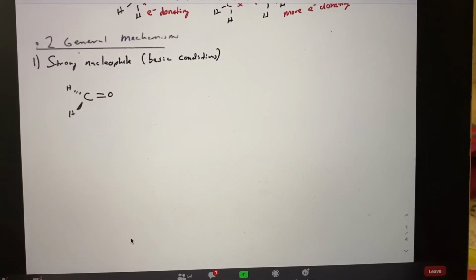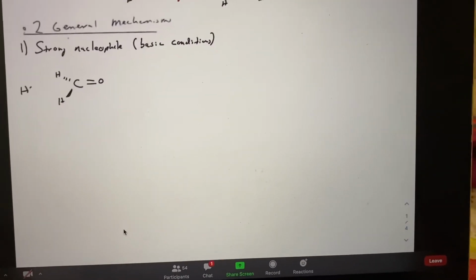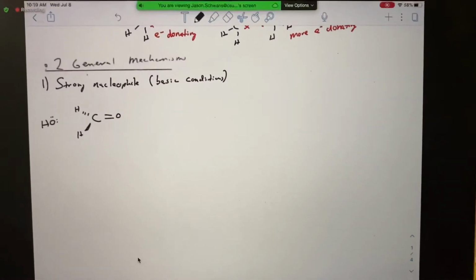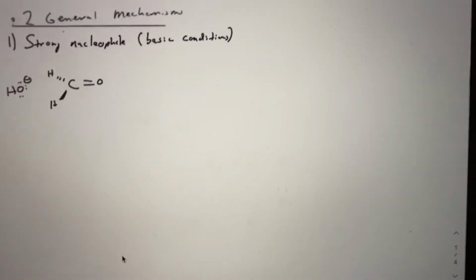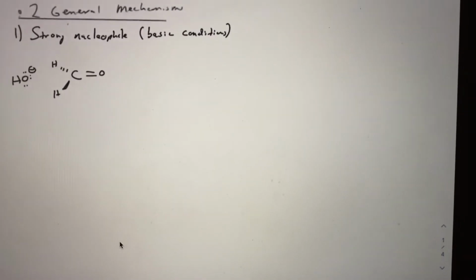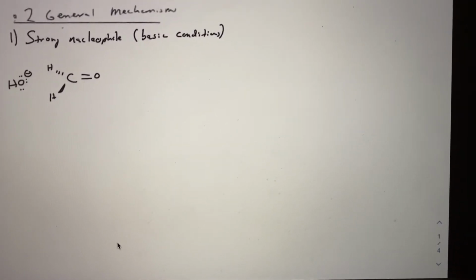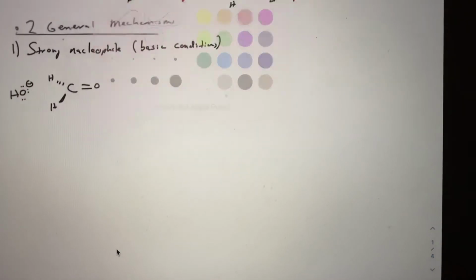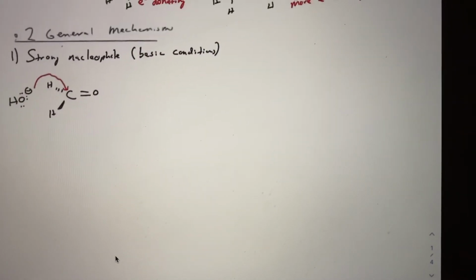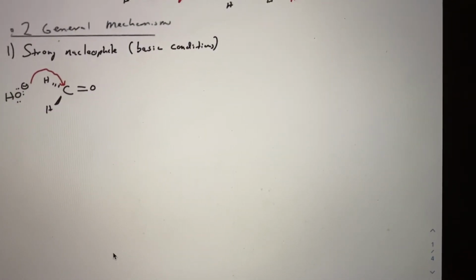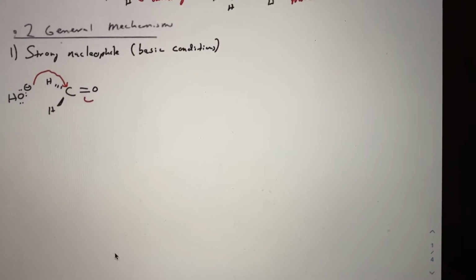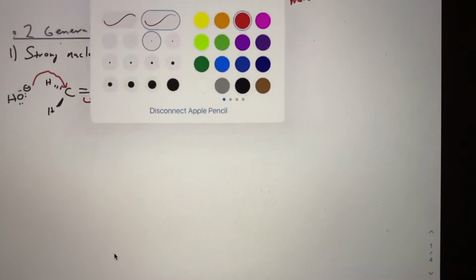We have our aldehyde or ketone. We have a strong nucleophile, Grignard reagent or hydroxide in this particular case. And now we know from our discussion from the past couple of days that this carbonyl carbon is electron deficient. Our nucleophile can attack. In this case, it can attack either from the top or the bottom of this trigonal planar sp2 hybridized system. We'll just put it from the top out of simplicity here.